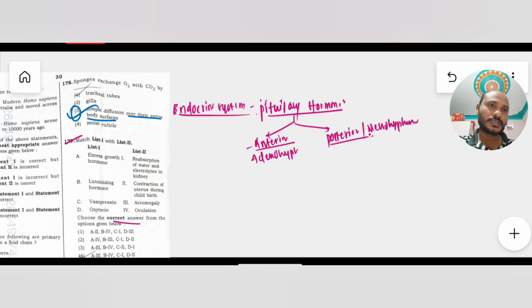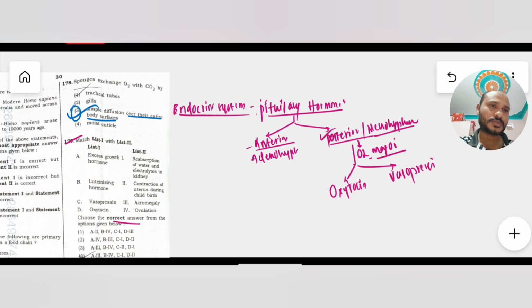The neurohypophysis, or posterior pituitary gland, secretes two important major hormones: one is the oxytocin hormone, and another very important hormone is the vasopressin hormone.